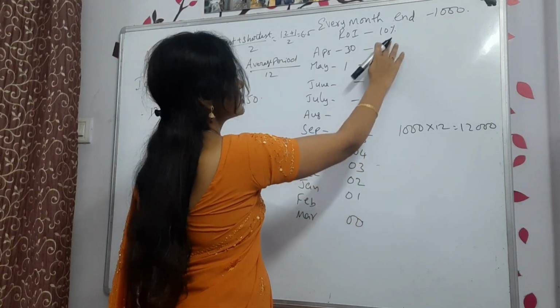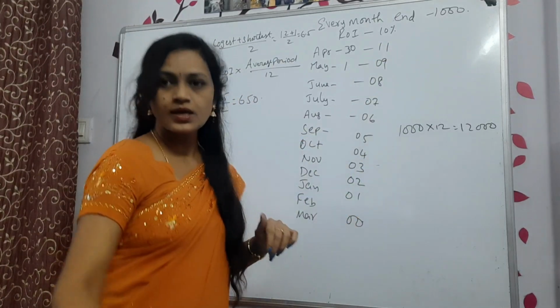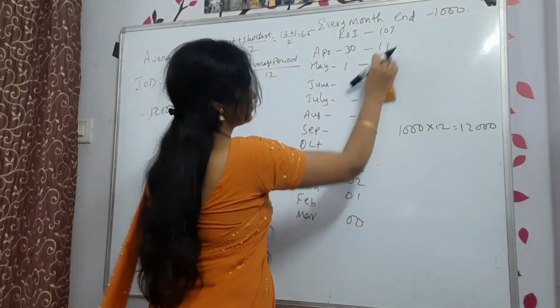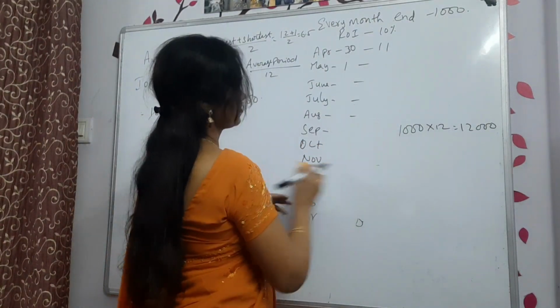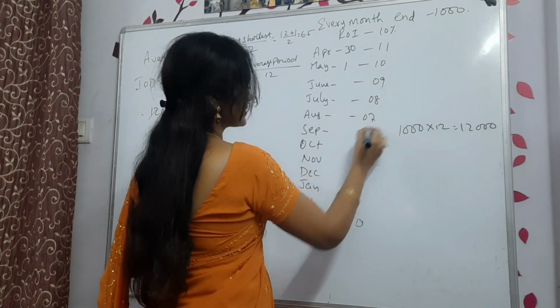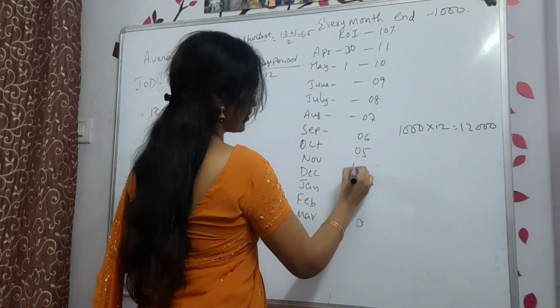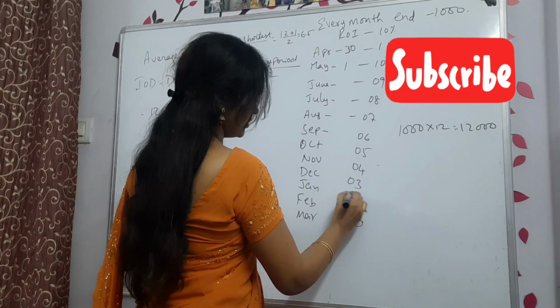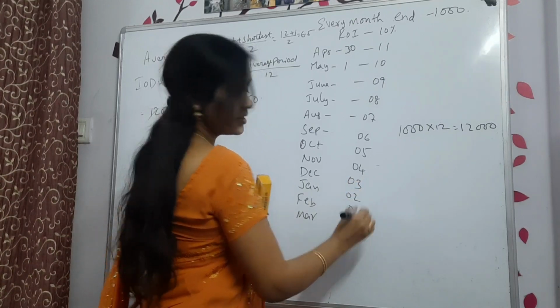Sorry, not 10, this is 11. So 11 months, 10, 9, 8, 7, 6, 5, 4, 3, 2, 1 and 0.